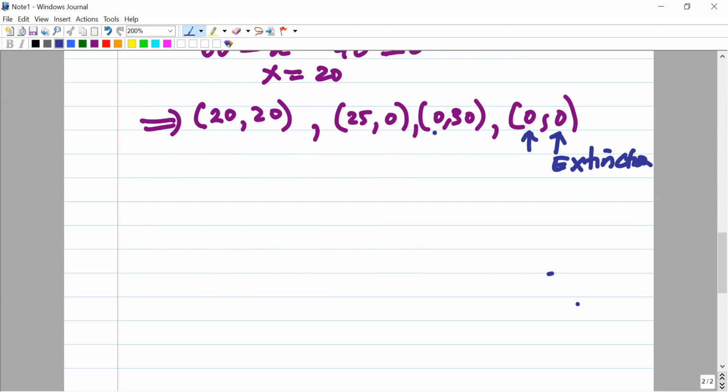And then here you can see x is not present, but y is present, so here y is dominant. And then here x is dominant.